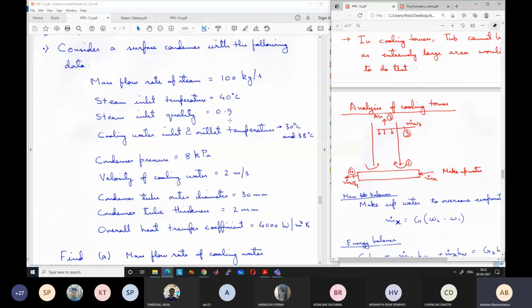Now the cooling water enters the condenser at 30 degrees centigrade, from the cooling tower, and the outlet temperature of the cooling water after condensing the steam is 38 degrees centigrade. So only a 2 degree difference, the terminal temperature difference, TTD. Also the condenser pressure is 8 kilopascal.